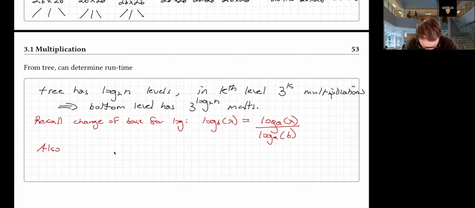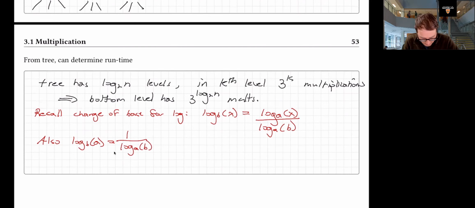Also, how about I write it like this? Log base b of a equals 1 over log base a of b.